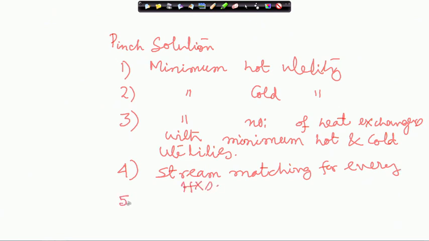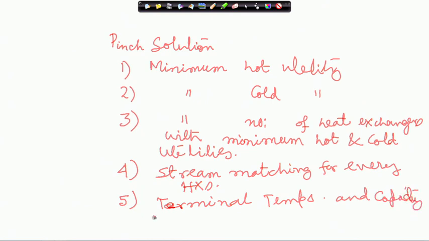Then terminal temperatures and capacity of each of the heat exchangers.